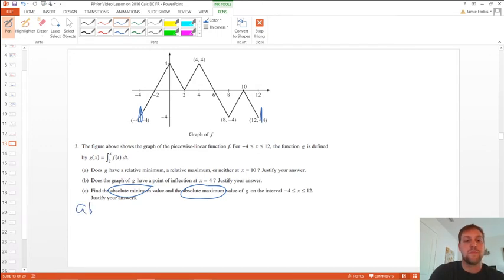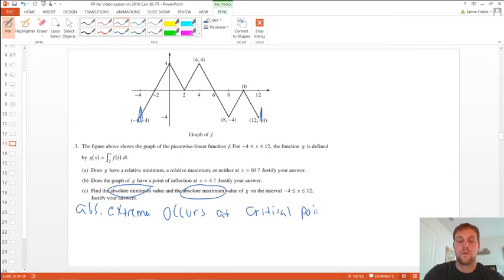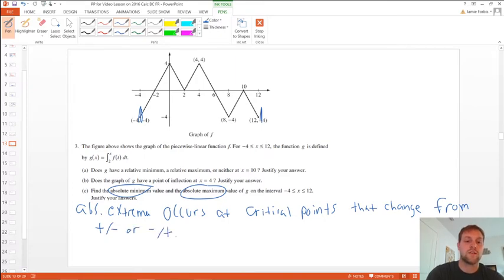I'm going to say that absolute extrema occur at critical points, and I'm going to specify here, critical points that change from positive to negative or negative to positive.